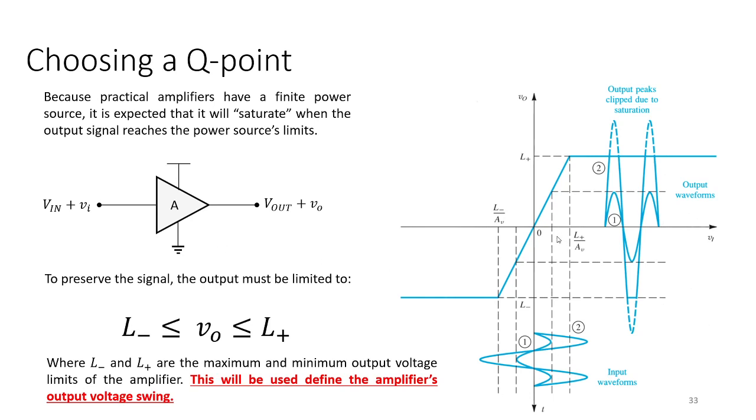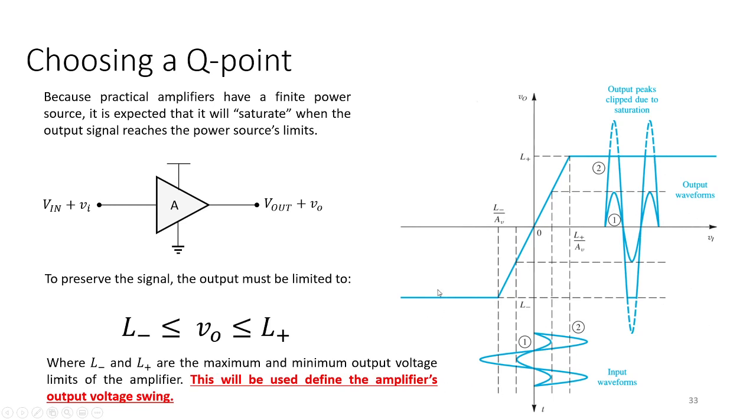If the amplifier is biased to have anything greater than L plus, then instead of following the ideal performance here, because it cannot extend beyond the value of L plus, it will clip here and here. That is not good behavior, because we don't want to lose signal integrity.